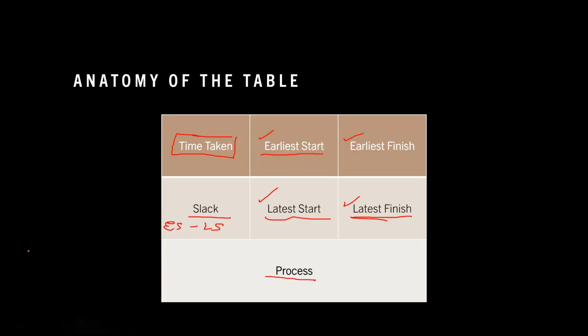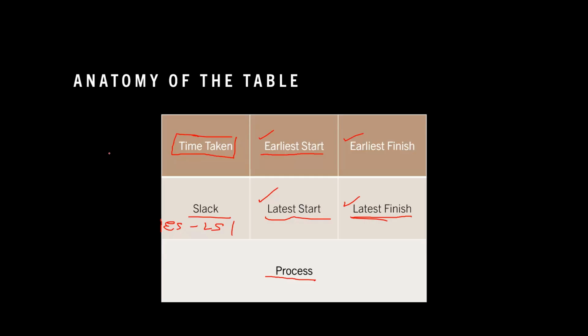So these are the things that we will be making a note of. You can also do it using earliest start, earliest finish and latest finish, but you can't directly subtract at the end for latest start. So I'll show you the quickest way to do this process. Okay. So this is the anatomy of the table that we will follow.